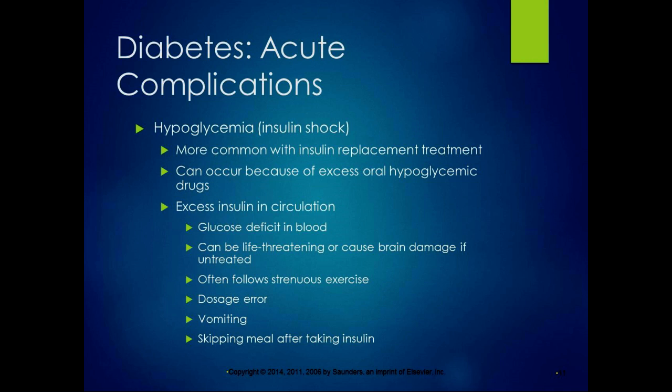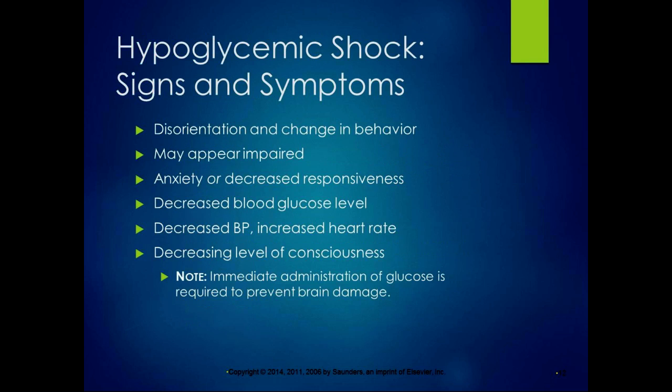It can be life-threatening or cause brain damage if untreated. Strenuous exercise can bring it on because you're using up all that blood glucose. A dosage error can bring it on. Vomiting, again, you're messing with your body chemistry there. And skipping a meal after taking insulin. So you have to coordinate your eating, exercise, and insulin to keep the levels correct.